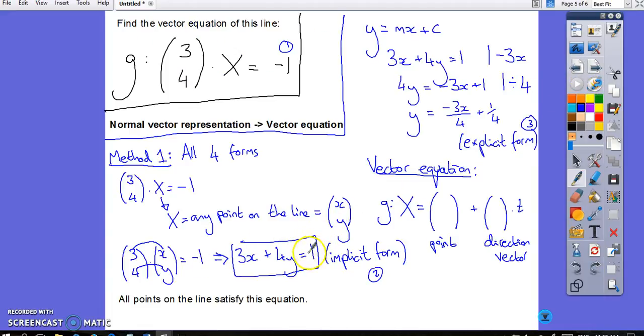Oh, I missed my negative off there, and here, and therefore here. Sorry about that mistake. Hopefully you noticed it and corrected it in your own notes. I'd missed a -1, sorry, somewhere.